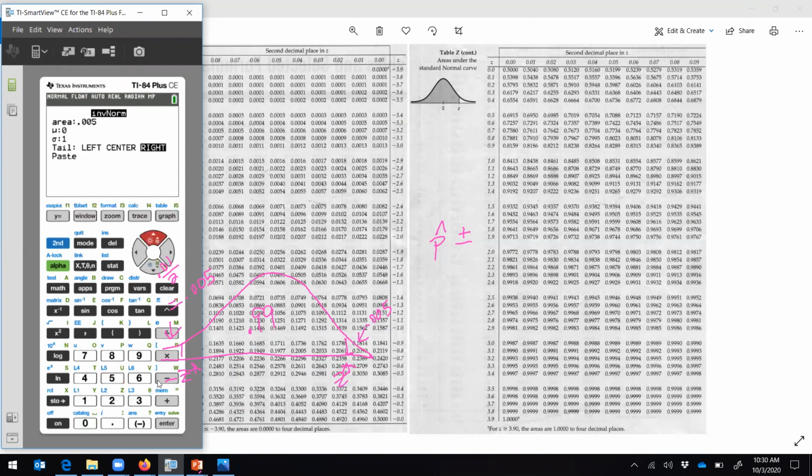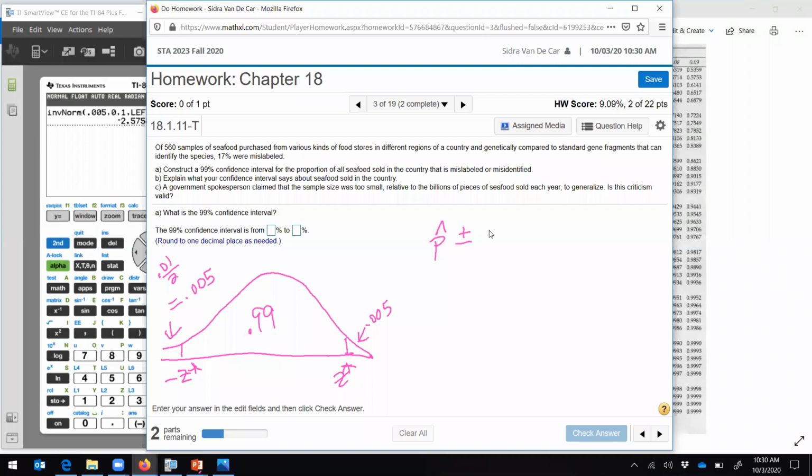And we get negative 2.576. Basically the same thing we read in the chart, just a little more exact. Okay, so negative 2.576. So my Z star here is negative 2.576.